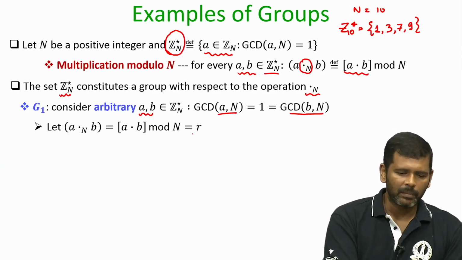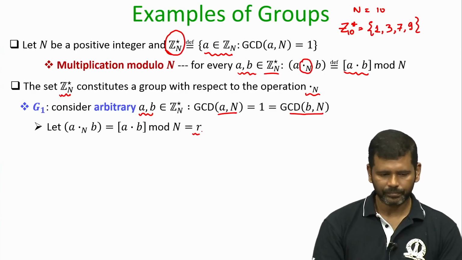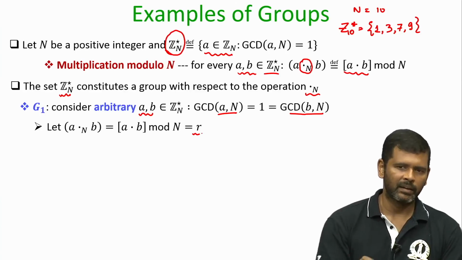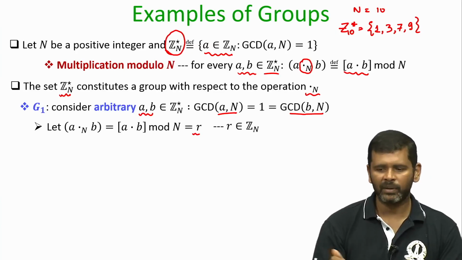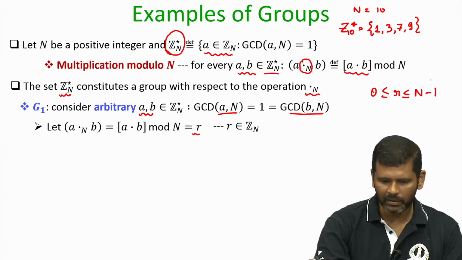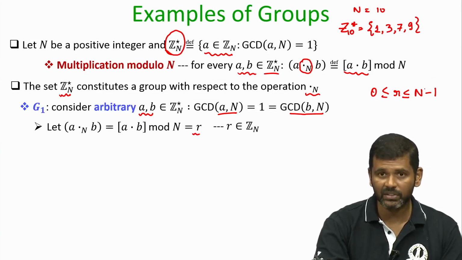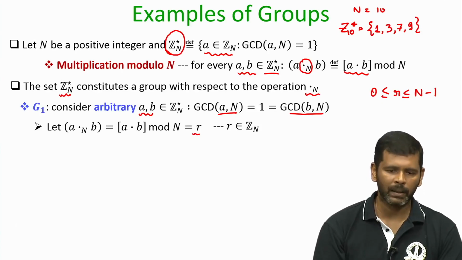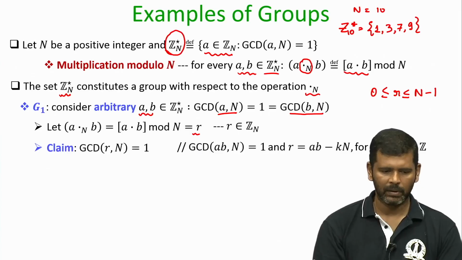Now, let r be the result of a b modulo n, that means I multiply a with b and then take mod n, I get the remainder r. Of course, r will be in the range 0 to n minus 1, but that does not show the closure property, because I have to show that r belongs to Z n star, namely I have to show that r is also co-prime to my modulus n.